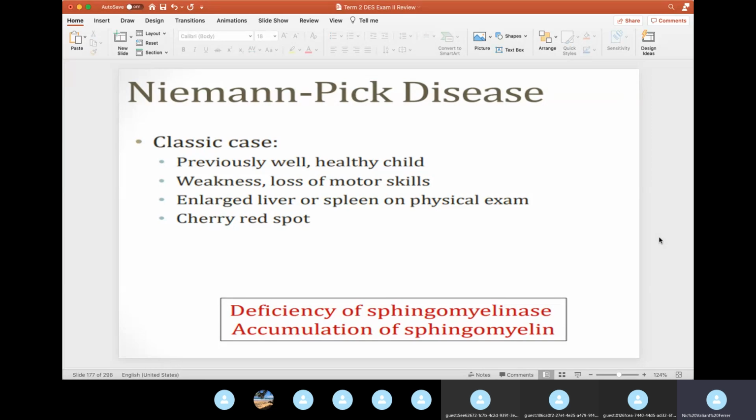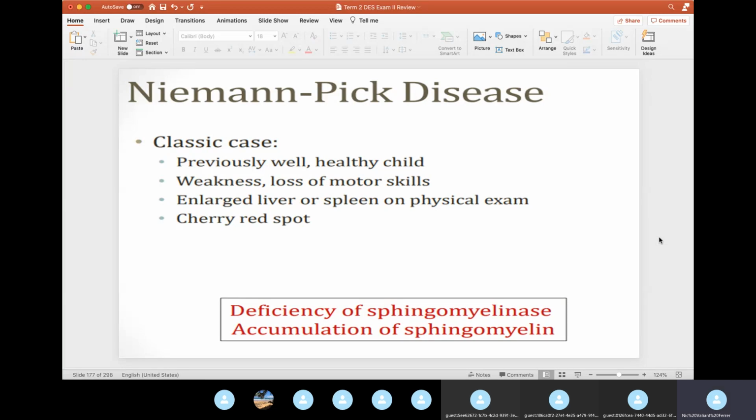Niemann-Pick, you have sphingomyelinase deficiency. So here you have cherry red spot together with Tay-Sachs, right? So what's the difference between Tay-Sachs and Niemann-Pick? In Niemann-Pick, you have hepatomegaly. In Tay-Sachs, you don't have hepatomegaly. That's the difference.